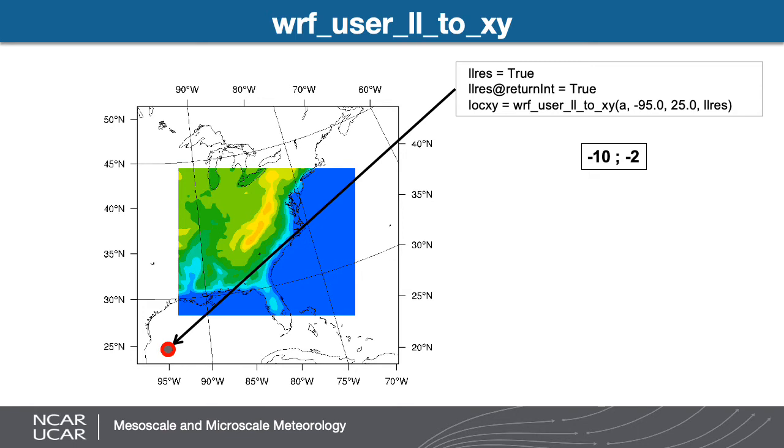Since they're in the far left corner, it's going to return a negative XY point, and it's pretty clear that it's outside of our domain. However, if we choose a latitude and longitude point outside the domain in the upper right-hand corner here, it's going to spit back 68 and 87, and you need to really be aware of the size of your domain, which here is a maximum of 60 and 73. So it's really important to keep in mind.